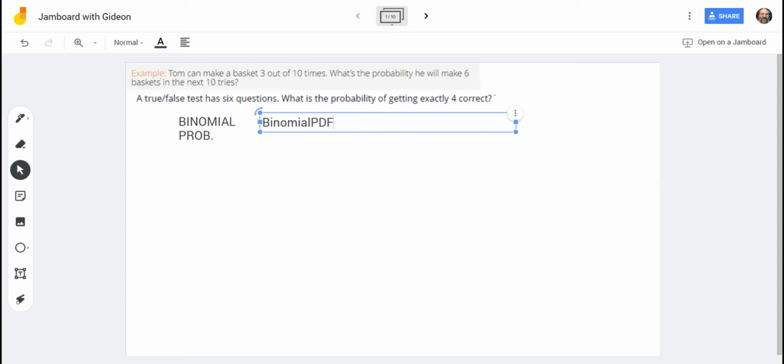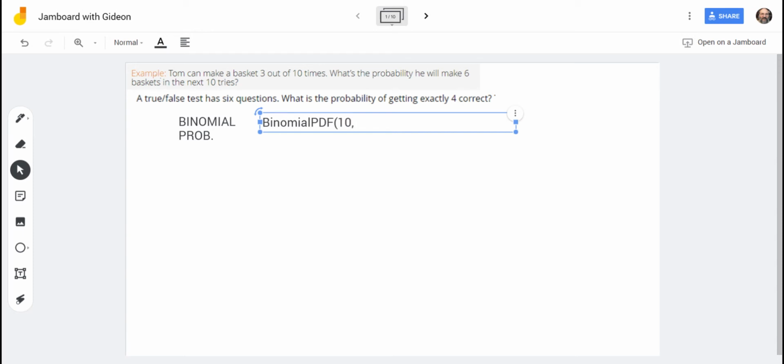And binomial is the probability distribution, the type of probability. P means point. DF means distribution function. So it's a binomial probability distribution for a single point. And what we mean by single point is 6 baskets in the next tries, right? We're being asked about 6 baskets. And this is how it enters, right? We're trying 10 times.